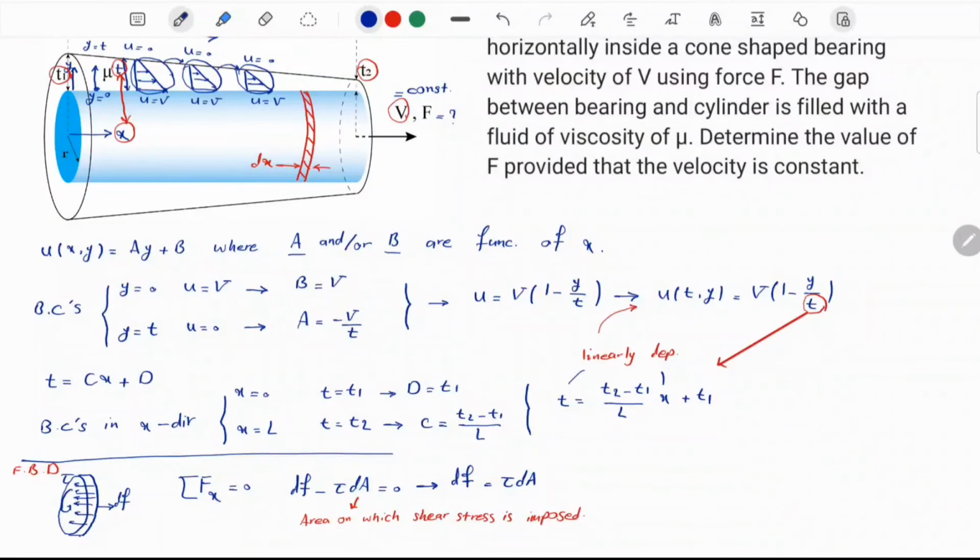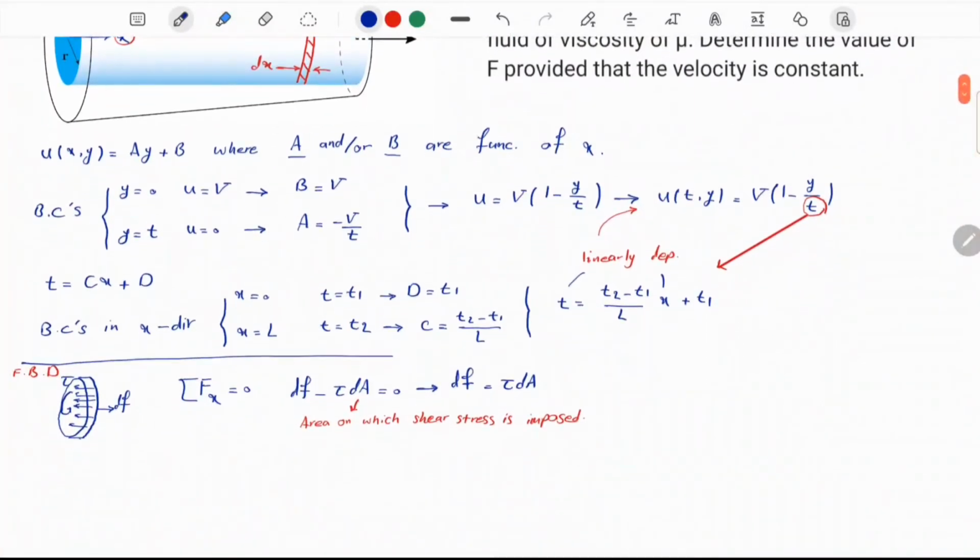Okay, now writing tau, first of all, tau, as usual, equals mu du over dy. But as u equals u of t and y, I should write this like partial differential, del u over del y.